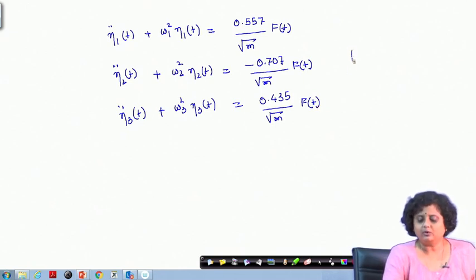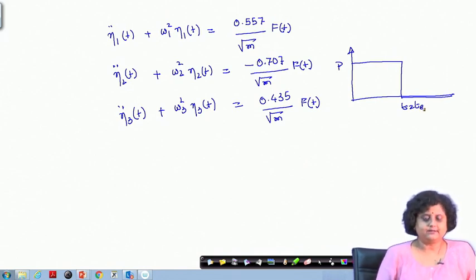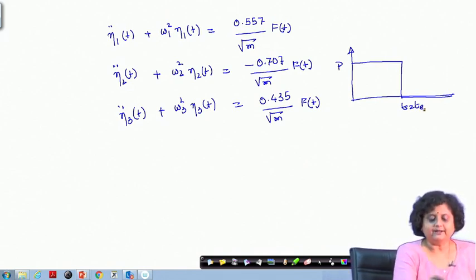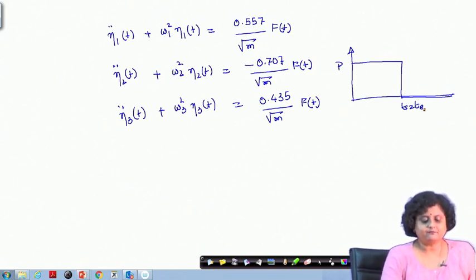So, we know that f t is a function like this. So, this is p, this is t equal to t e. So, this is the function like this. Now this is very similar to the single degree of freedom system.